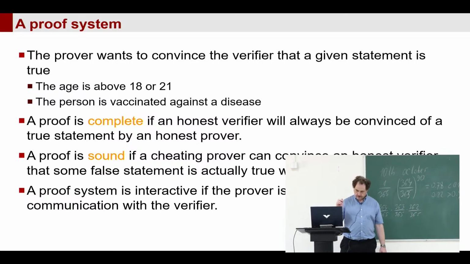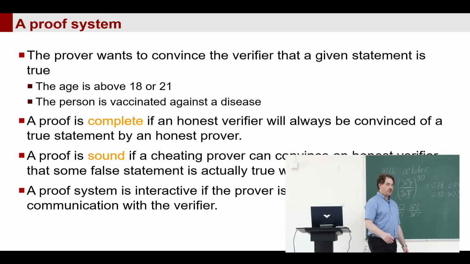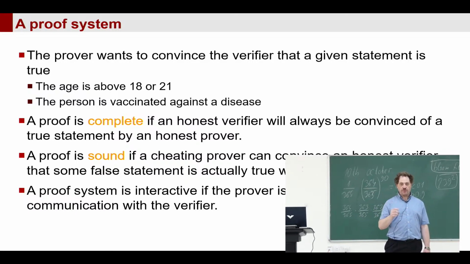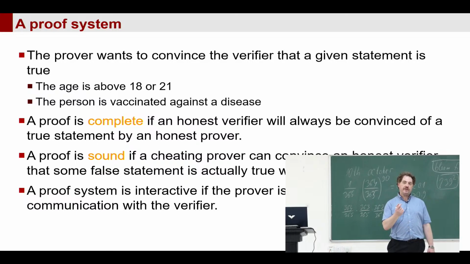I want to convince the verifier that my age is within a certain range. I want to provide the proof that a person is vaccinated against a certain disease. Or I want to convince you that I possess some secret key. That's a proof.